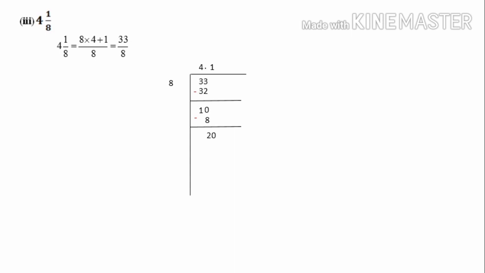So again, put a 0, that is 20. So 2 times 8 is 16. Let's subtract it again: 20 minus 16 is equal to 4. Again, put a 0. Then 8 times 5, we get 40. When you subtract it, we get the remainder as 0.